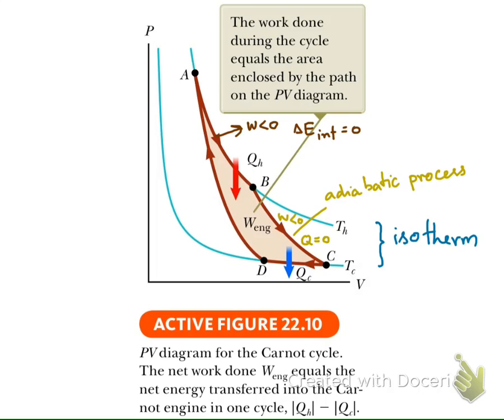That was an isothermal process, but here, this is the adiabatic process. Since Q is 0 and W is negative, it means that in this process delta E int is negative.